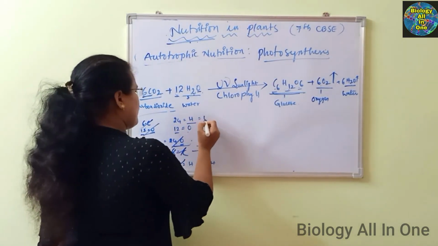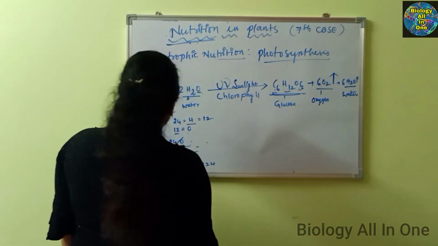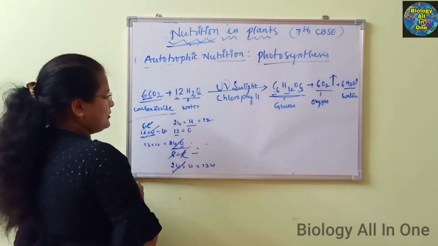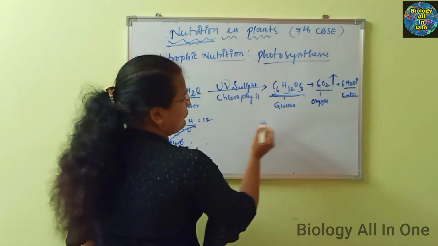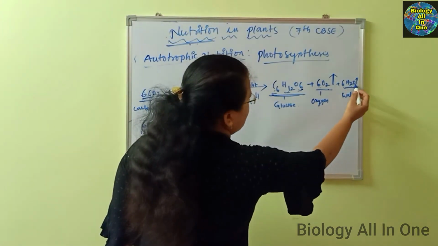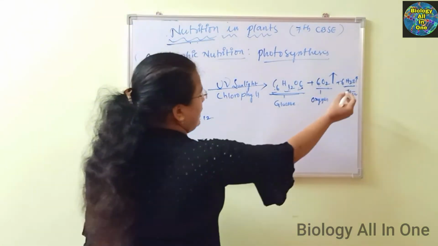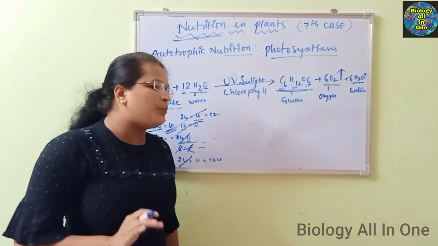H12 means once 12 finish, 12 more are there. Okay, here O6. If O6 finishes, 12, here 6 more O's. See 6 O2, here 12 finished. Whatever 6 are left here, they used 6 H2O. H2O means 6 twos are 24 and O here. Understand? See, likewise you have to balance the equation.